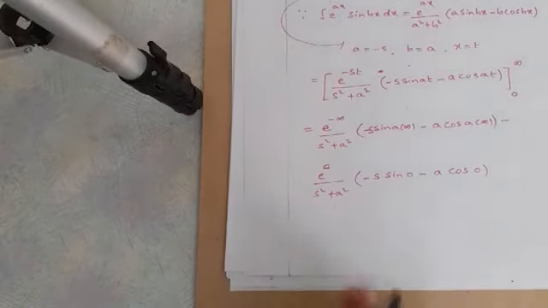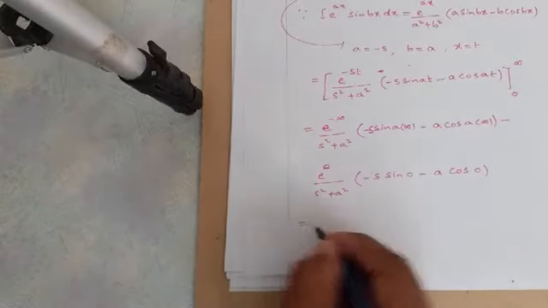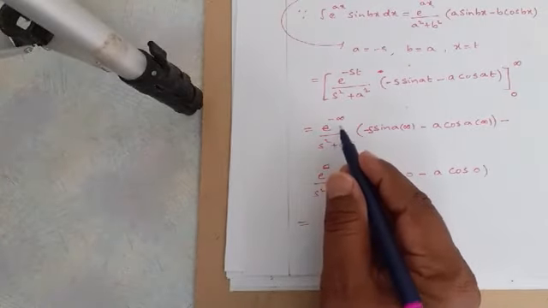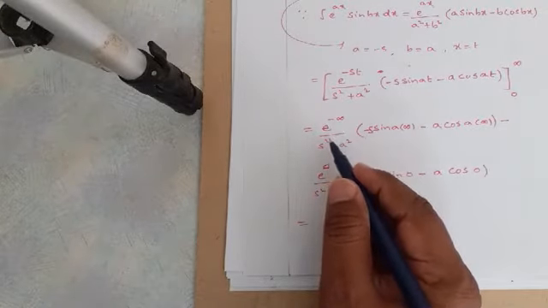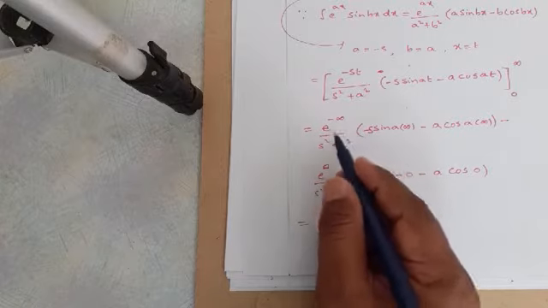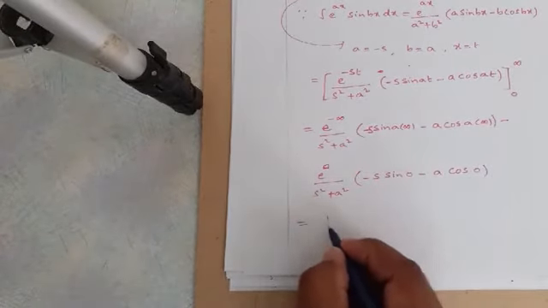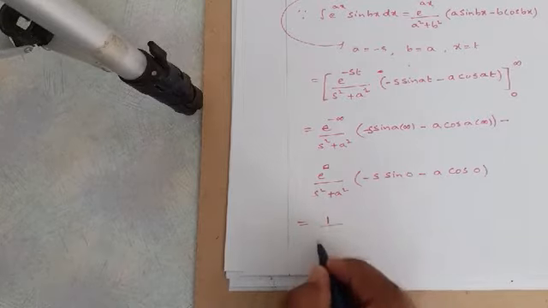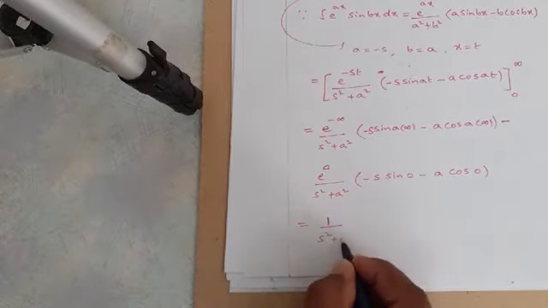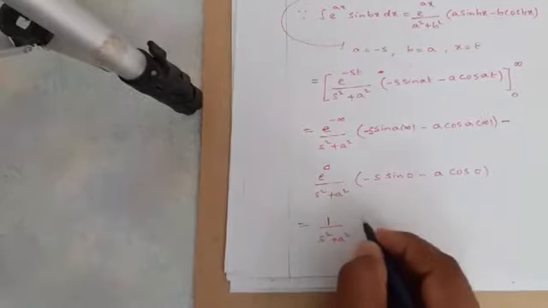So after applying upper limit minus lower limit, as you know, e^(-infinity) is 0. When you have e^(-infinity) as 0, 0 into something is 0. So we take common 1 upon s square plus a square outside, and then we apply the limit.